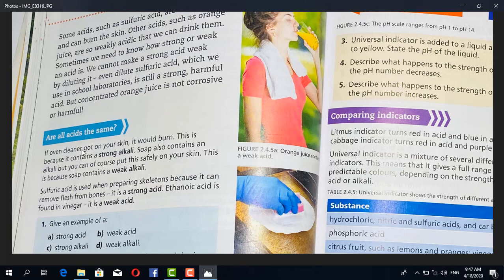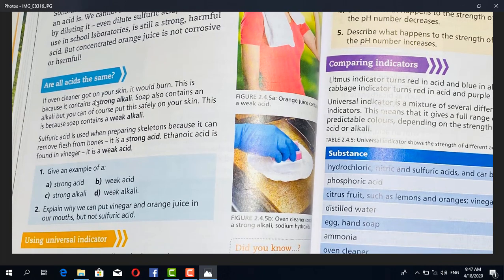Are all acids the same? We already said that no, they're not the same, because we've got concentrated, we've got diluted, we've got those we can eat and drink without causing us any harm, and those we can't even touch because of their irritant property. If oven cleaner got on your skin, it would burn.